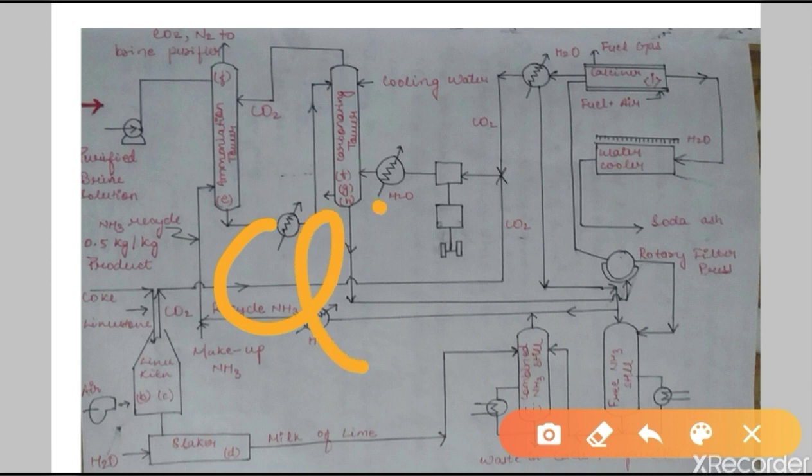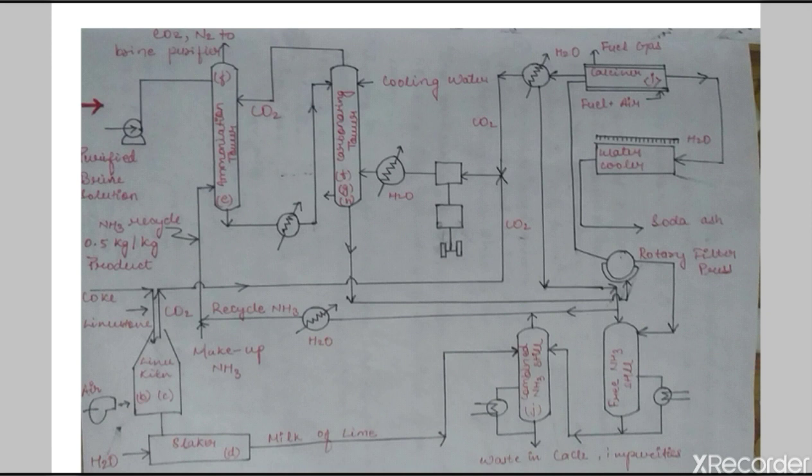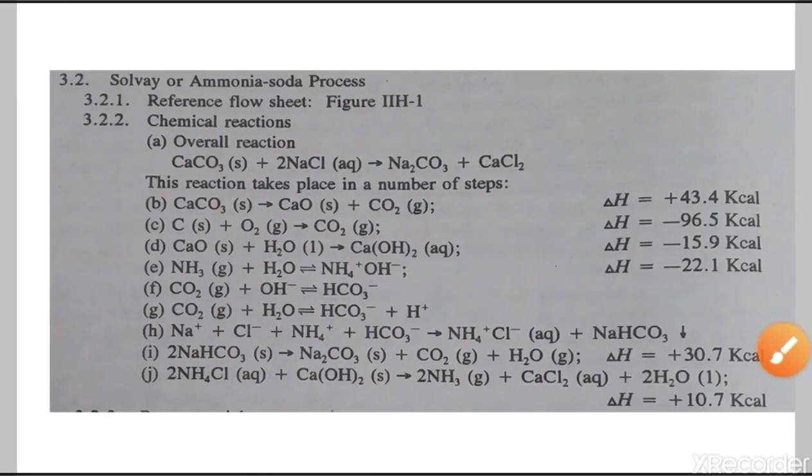The chloride ion reacts with NH4 plus ion of the NH4OH, that is ammonium hydroxide, and it gives NH4Cl, and the carbon dioxide reacts with water to give HCO3 minus ion so as to produce sodium carbonate, and this you will understand only with the help of the reactions. So let us proceed to the reaction.